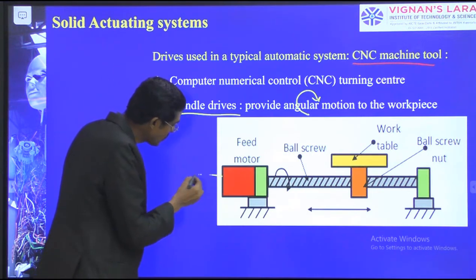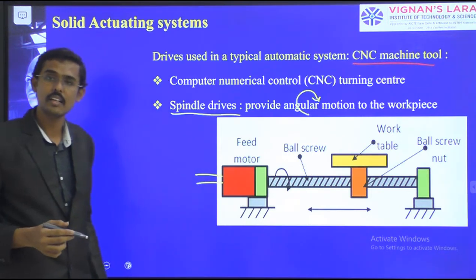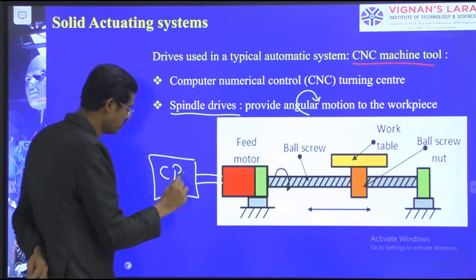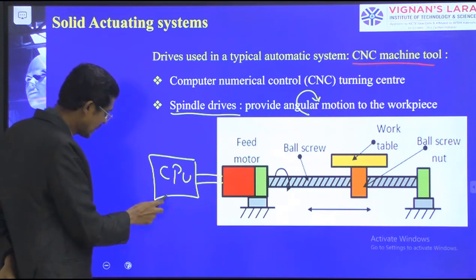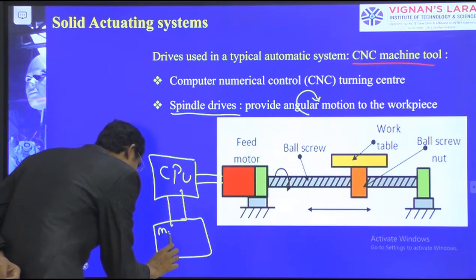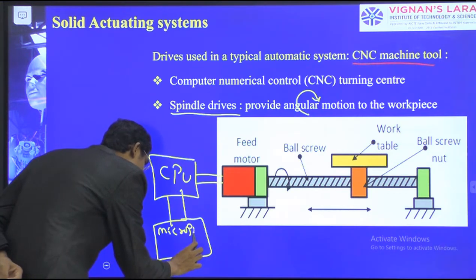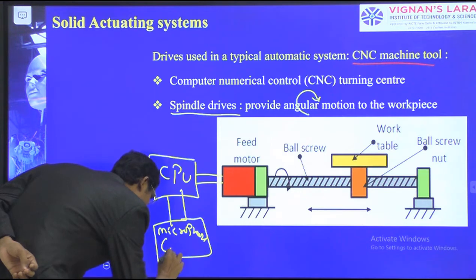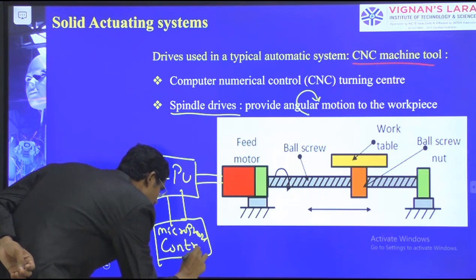Earlier to this, how are we connecting? We are controlling using maybe a CPU which contains microprocessors here. A microprocessor, a control unit.